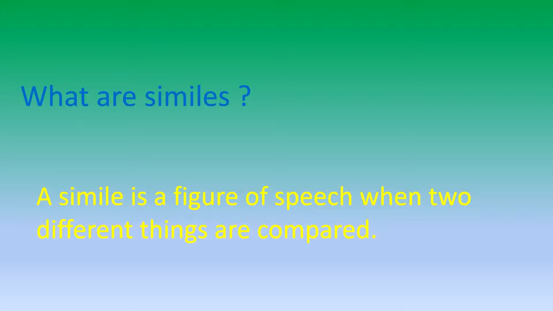A simile is a figure of speech. It's a way of talking or writing when two different things are compared. When we compare one thing with the other thing, we use some quality of that one thing to compare with other things.